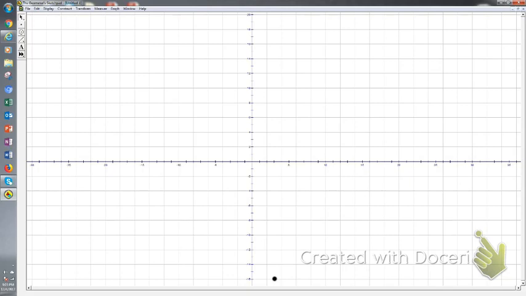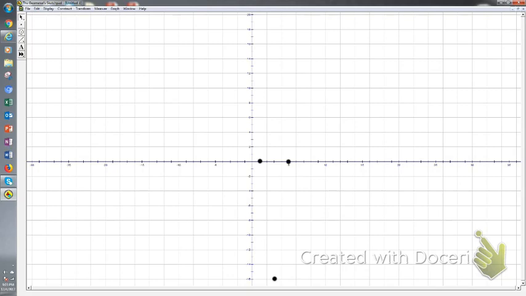I use the word zeros interchangeably with x-intercepts because they do mean the same thing. Now I know my x-intercepts are 5 comma 0 and 1 comma 0, so let's go ahead and plot them. This is 1 comma 0 and this is 5 comma 0 right there.